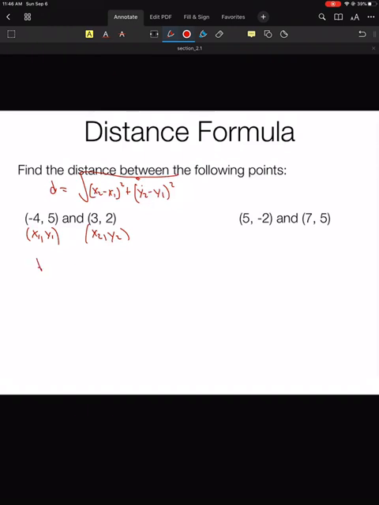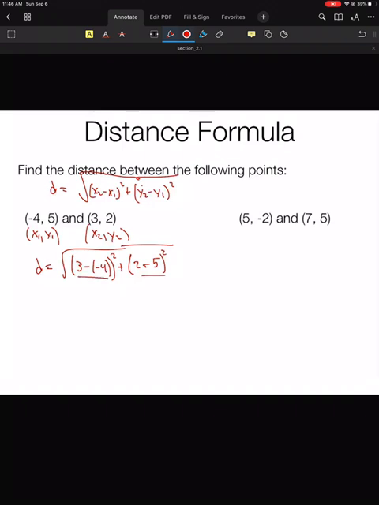So x2 is 3. So distance is the square root of x2, which is 3, minus x1, -4, all squared, plus y2, which is 2, minus y1, which is 5, squared.